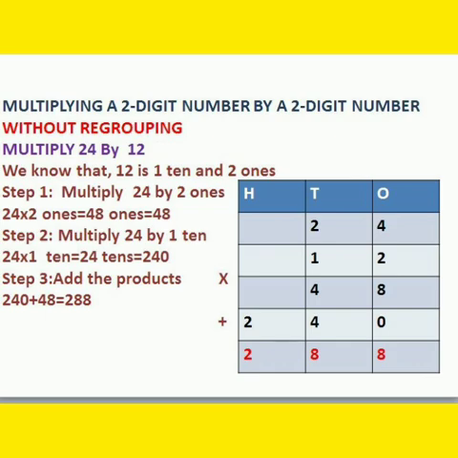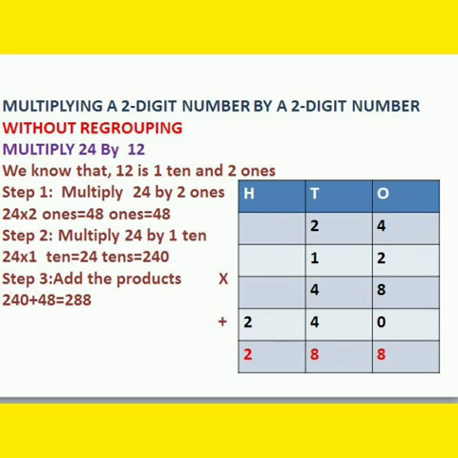Next, multiply a 2-digit number by a 2-digit number without regrouping. For example, multiply 24 by 12. We know that 12 is 1 ten and 2 ones. Step 1. Multiply 24 by 2 ones. That is 24 into 2 ones equal to 48 ones, equal to 48. Next, multiply 24 by 1 ten.